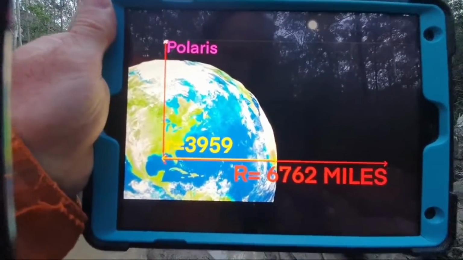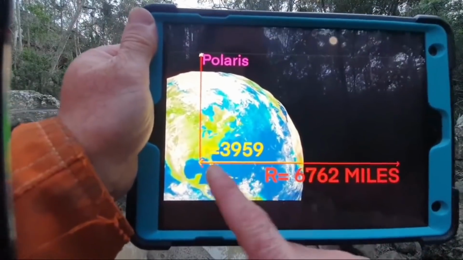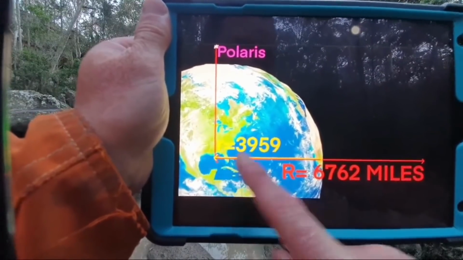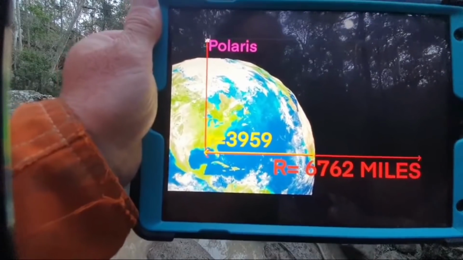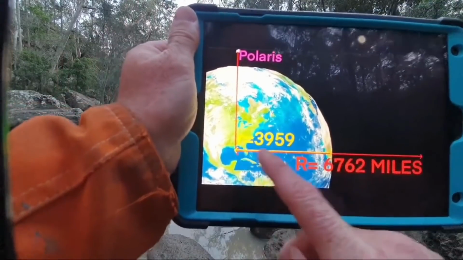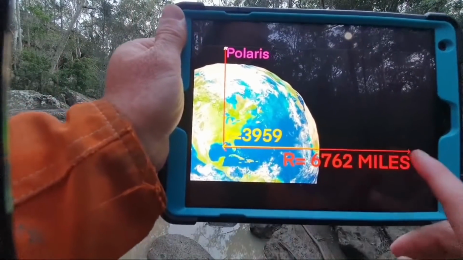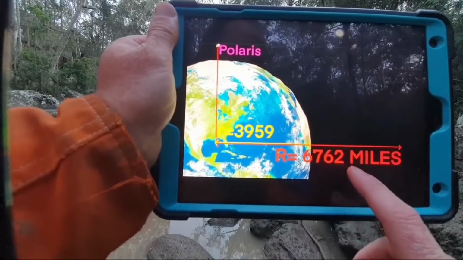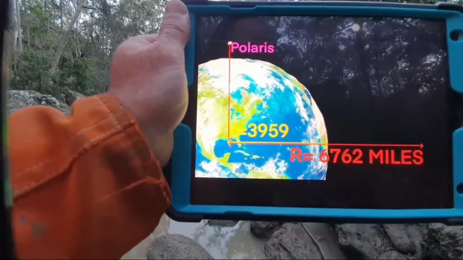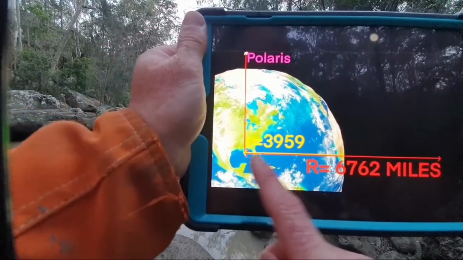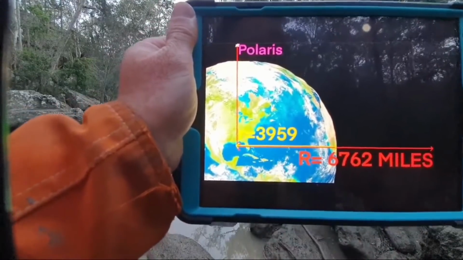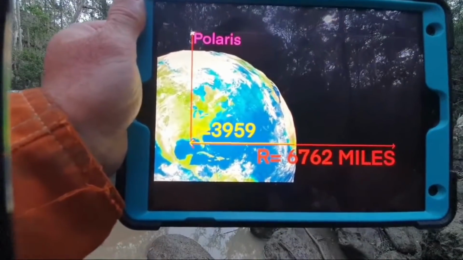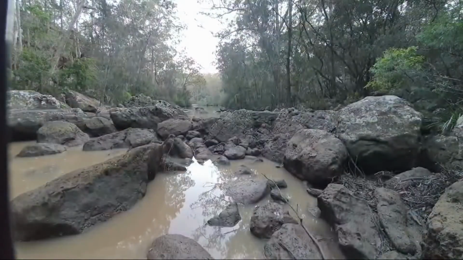How does this radius here, 3959 miles, that is the extremity from the center of their presupposed spherical Earth to the edge of their presupposed spherical Earth, the radius, how does an area of flat, level ground of 6,762 miles fit anywhere that has the physical extremities of 3959 miles? It does not work on a globe, that image that we just saw, Polaris.